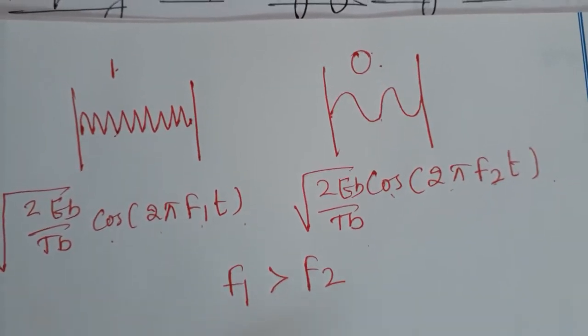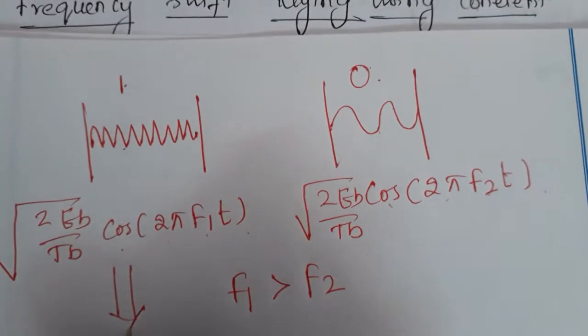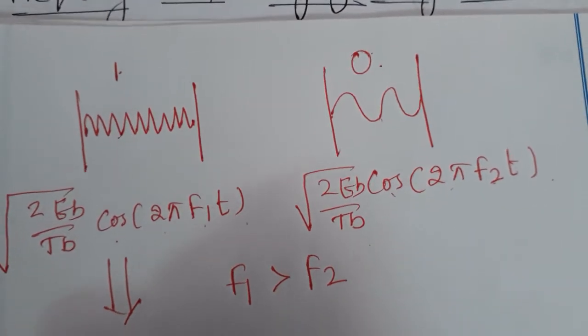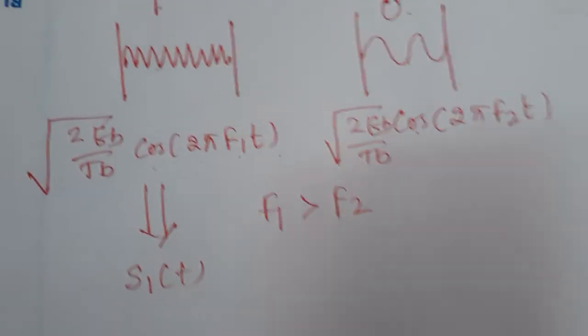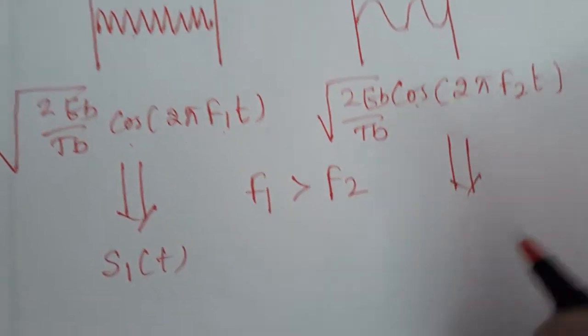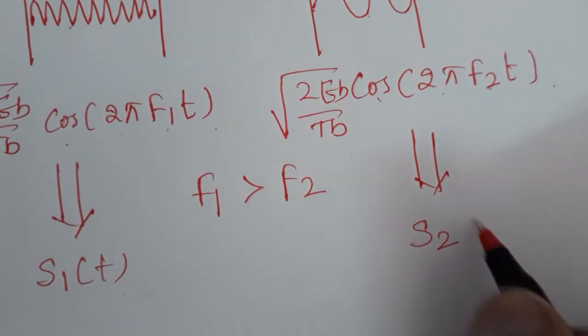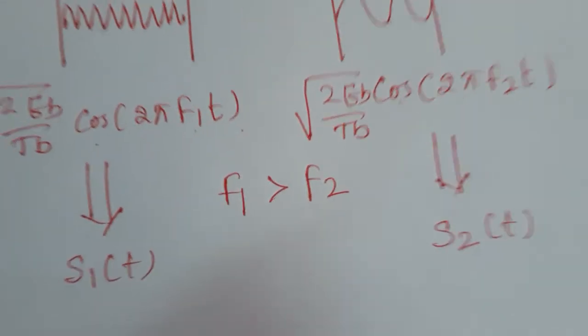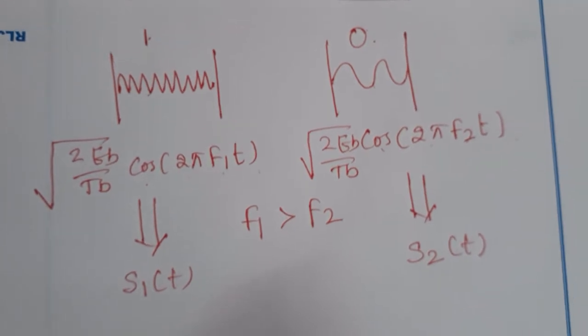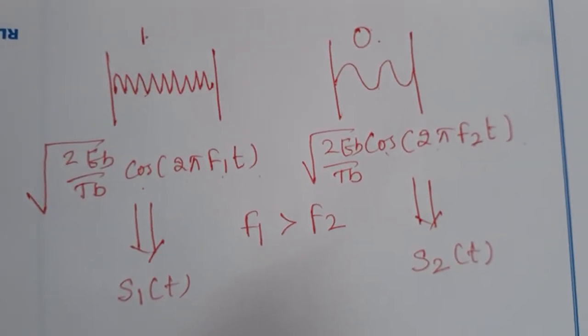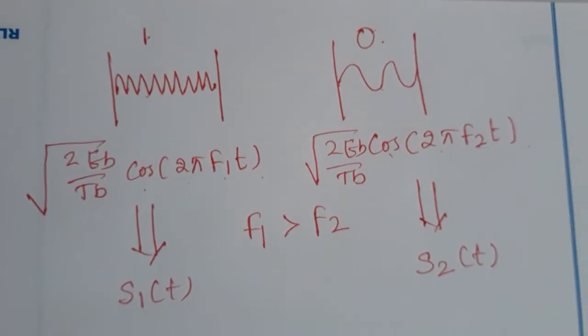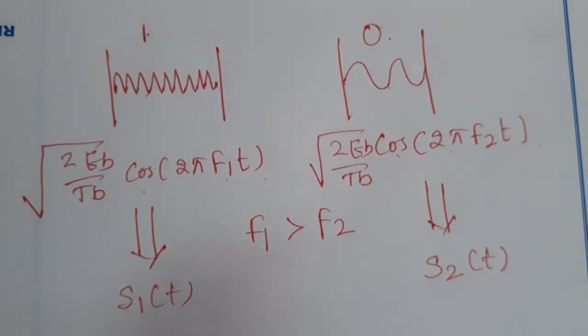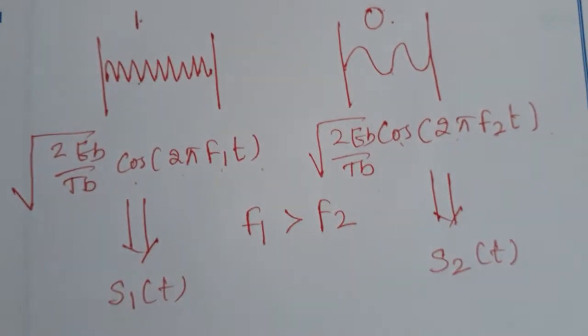Hope all of you can understand. And this is called S1 of t. And this is called S2 of t. Hope all of you can see there. Correct? I am a little slow with the video so that you can better understand.